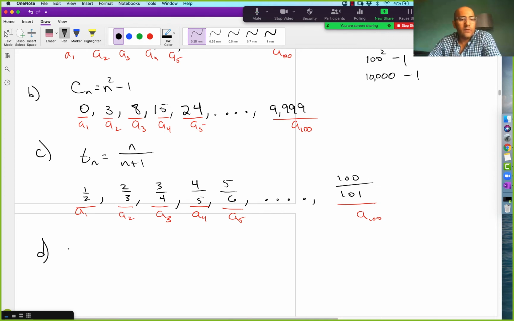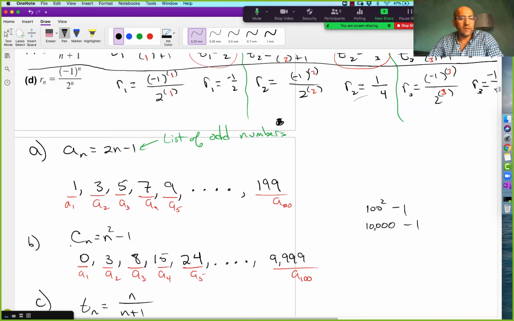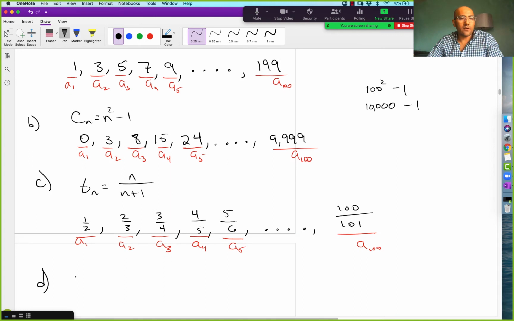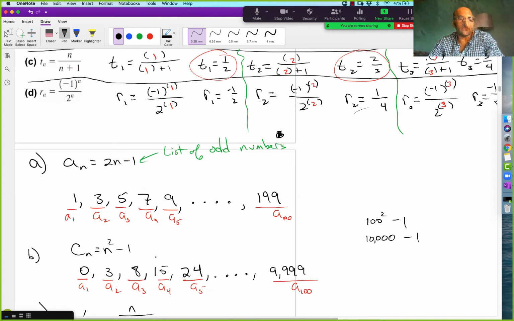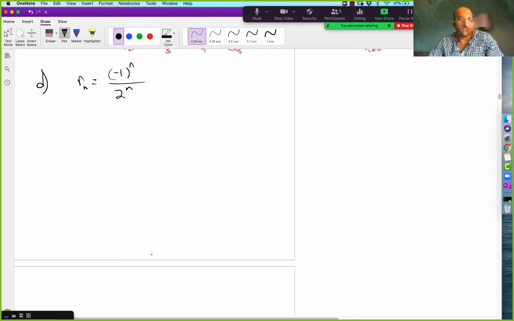Last one, D. The equation was R sub n equals -1 to the nth power divided by 2 to the nth power. Good. So we saw that when we put in a 1, this -1 to the power of 1 was just -1, and this stayed as a 2. So the first one on my list was -1/2.